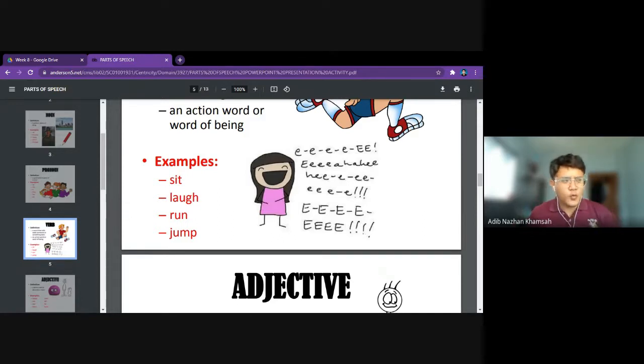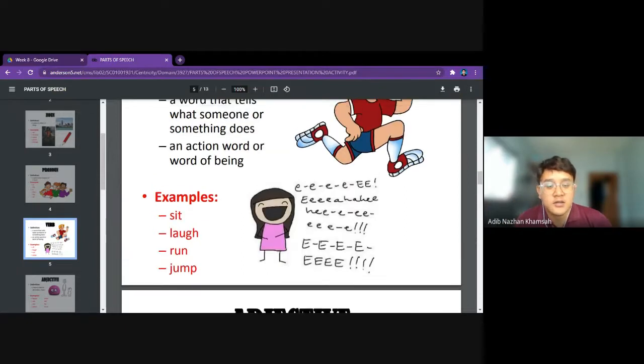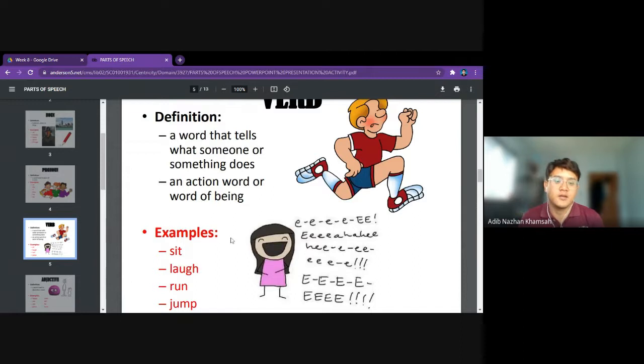So there are so many other examples of verbs we can use. For example, flying, singing, cleaning, brushing, opening, crying. All of that involves the action of doing something.